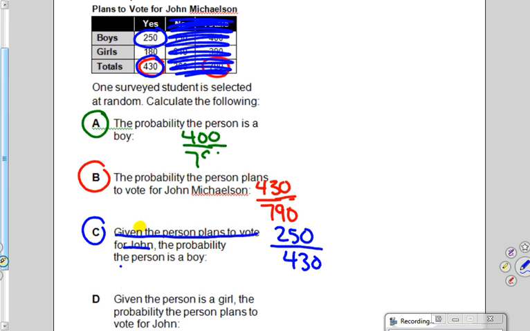This would be the probability that the person is a boy, given that they are a yes vote. Just do 250 over 430. That's it. Because this is the probability of both, that they're voting for him and they're a boy, divided by the number of yeses.